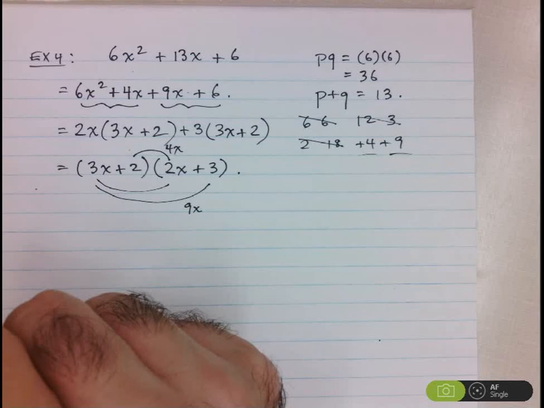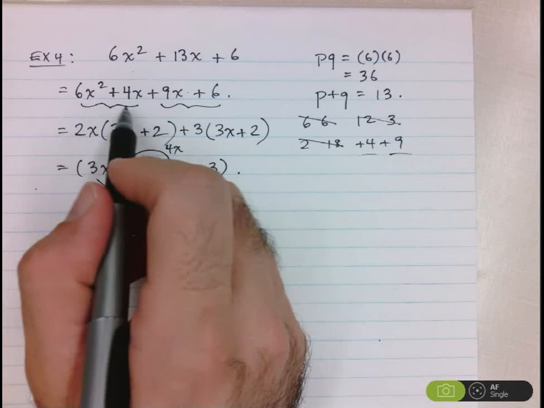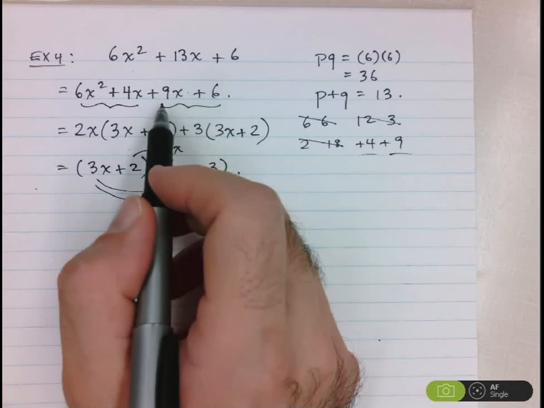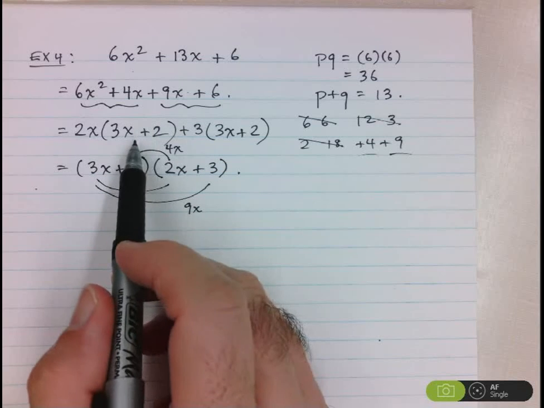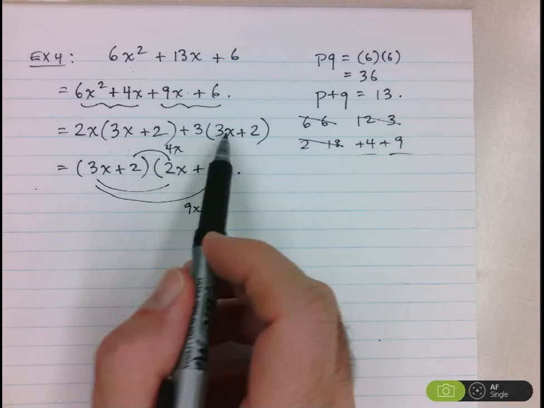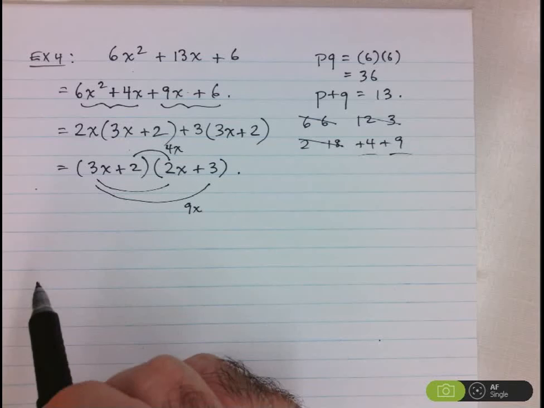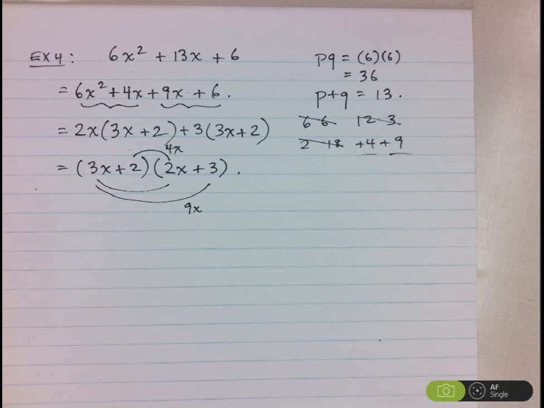Next step is to find a common factor for the first two terms, and then a common factor for the last two terms. And then once you do that, you should have a binomial that's common to both sides of the expression. Factor it out, and then in the other bracket, write whatever's left. Okay, so try to do several examples as practice, and again, if you want to give guess and check another try, you can try that too.